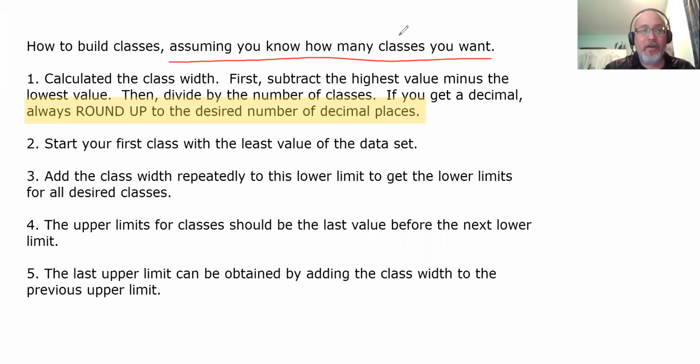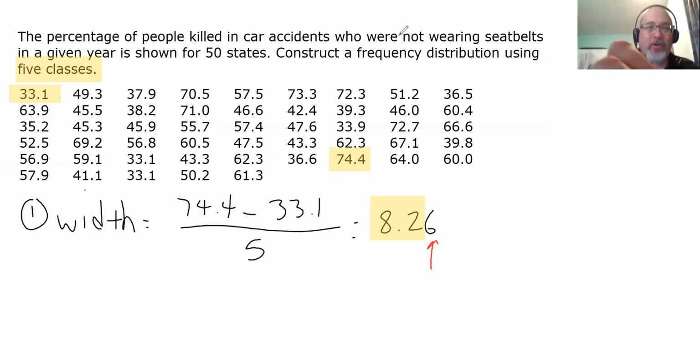But always round up when you're calculating class width. In this case, it's the correct way to round it, but I can't stress that enough: you always round up. So this would round up to 8.3 when calculating class width, regardless of what that next digit is. Our class width will be 8.3.